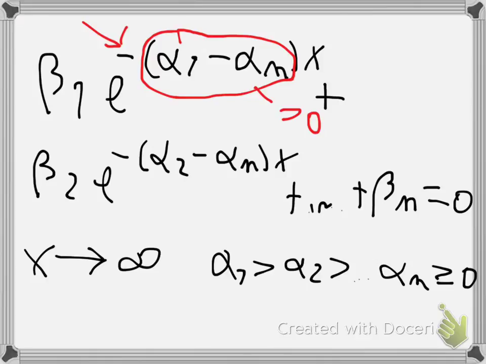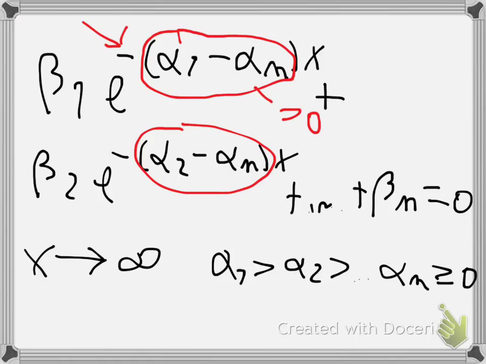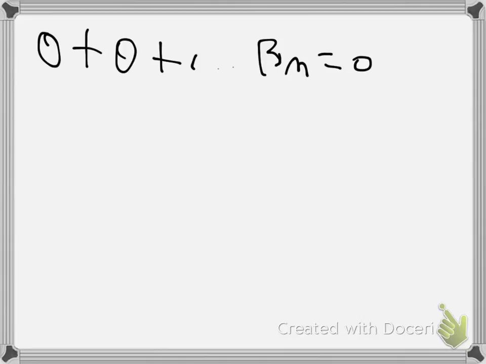Here there will be the same thing. So if x tends towards infinity, basically we will get zeros everywhere, because you will get beta 1 times something that is really close to 0 plus beta 2 times something that is really close to 0, and so on, plus beta n equals 0. So we'll get 0 plus 0 plus beta n equals 0. And so you get beta n is equal to 0.